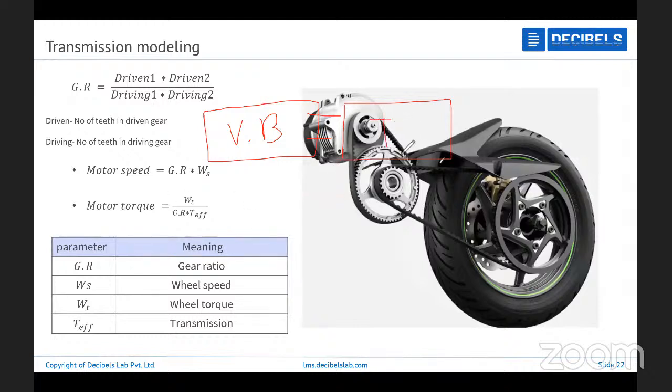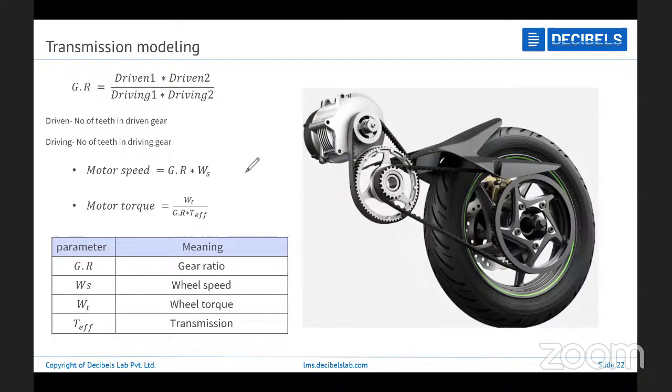The output of your transmission is where you will be estimating motor speed and motor torque, and for that you will be using these equations. The gear ratio has already been sized; again, the sizing of the gear ratio is a different topic. So with this equation we'll be calculating motor speed and torque.